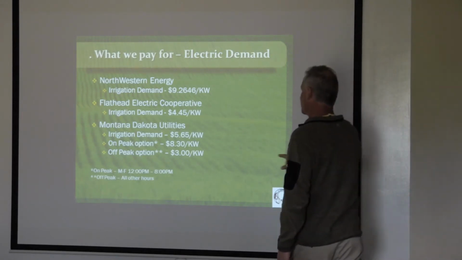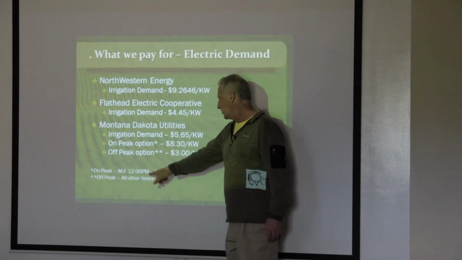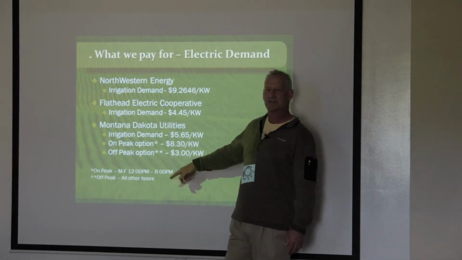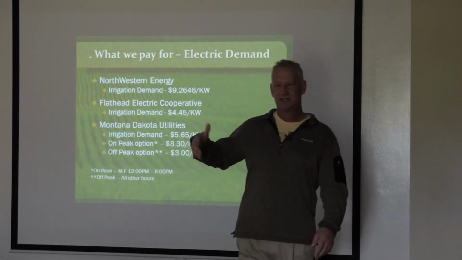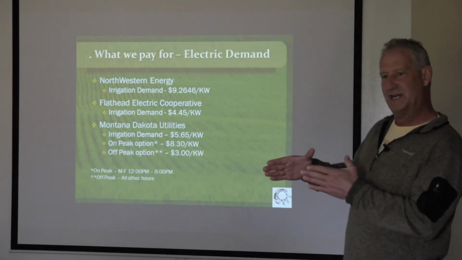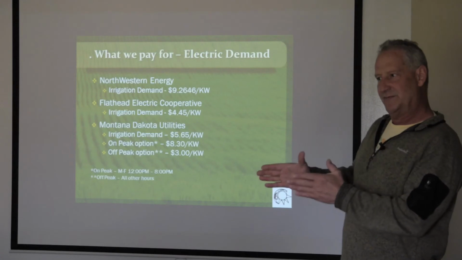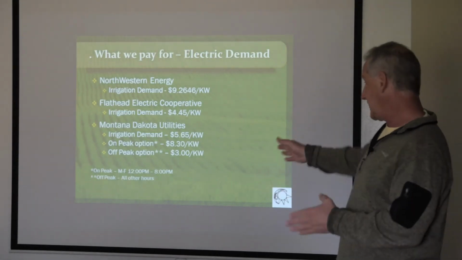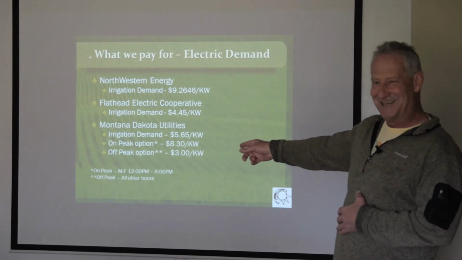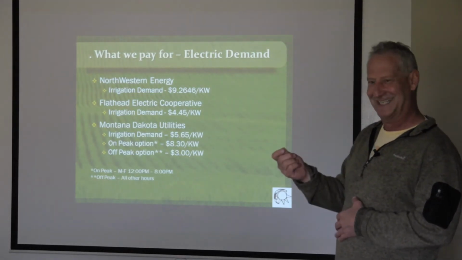Okay, so noon to 8 o'clock is on peak. That's when everyone wants their air conditioners running and everything. So if you can avoid running your irrigation system during that time, you can save a significant amount of money. It doesn't improve the efficiency of the irrigation system, it just saves you money, okay?